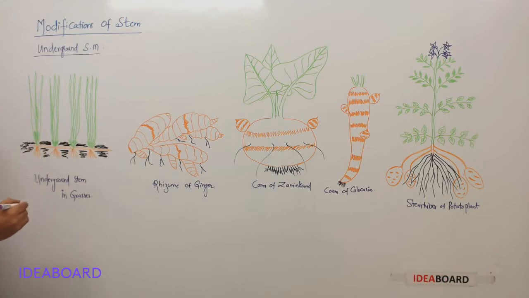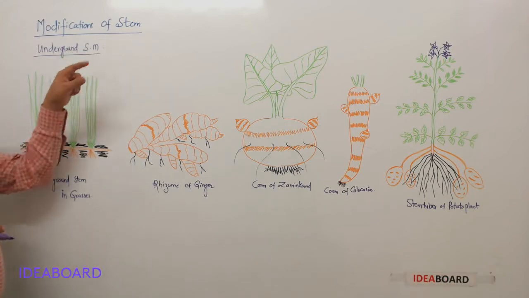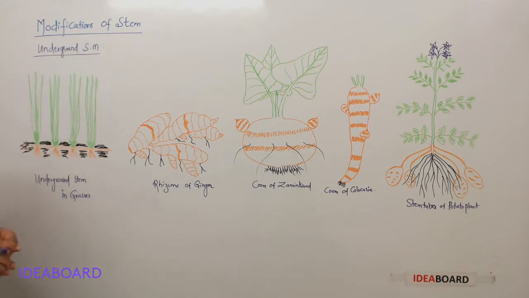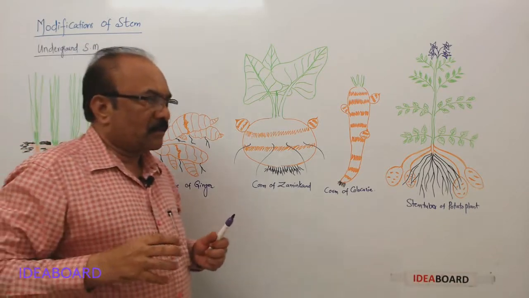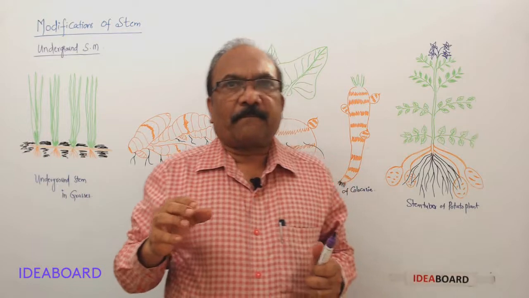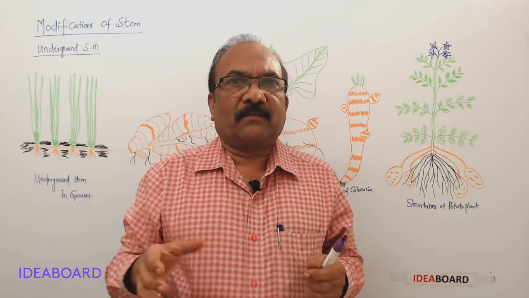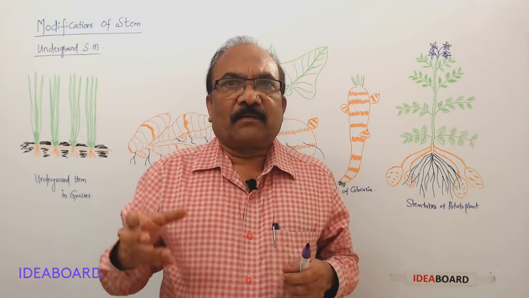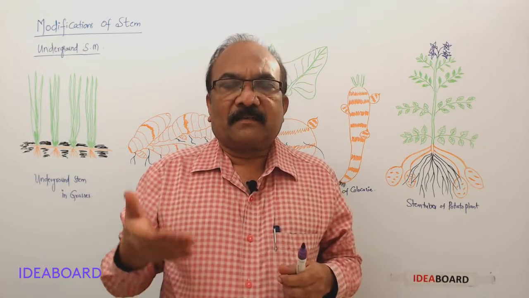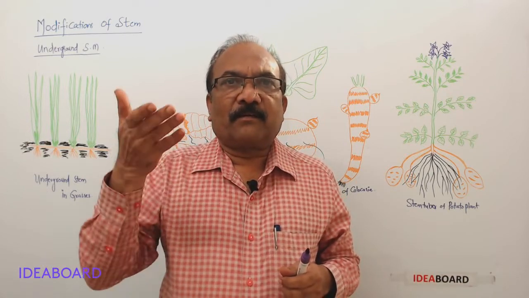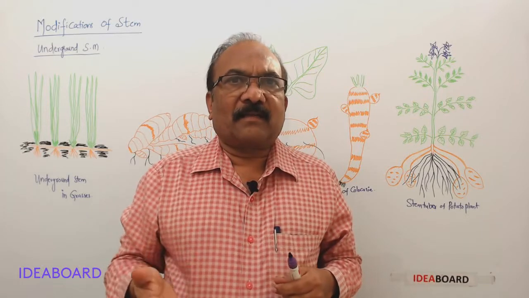In shortcut, I am using SM, that is stem modifications. Underground stem modification: in some plants, the stem remains in the ground. Actually, in the general characters, we said the stem is an aerial part and an ascending organ.